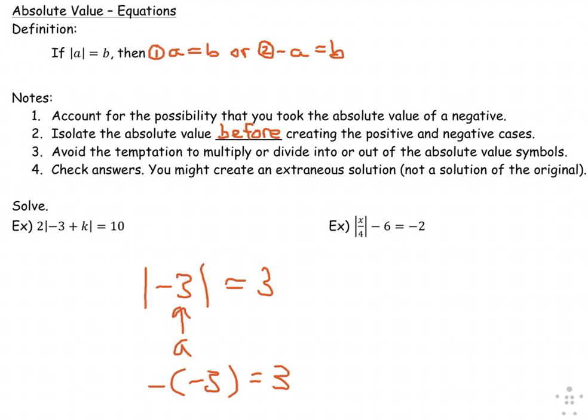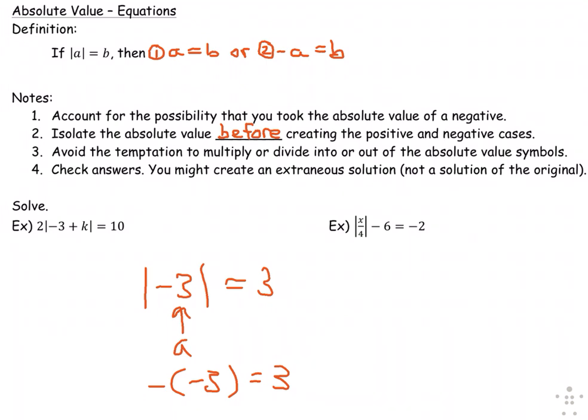So you always need to account for the fact that A could have been positive or the fact that A could have been negative. So you do have to make 2 equations because algebra is about finding all of the unknowns. A few things to keep in mind.